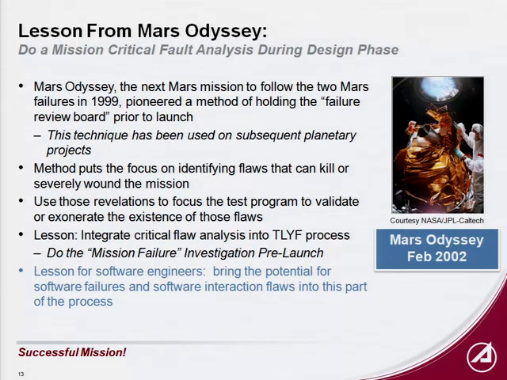You can introduce it at the code, you can introduce it at the software-to-software interface interaction level, you can introduce it at the software-hardware level. You need to understand where they can be introduced, and you have to know what constitutes failure for the mission.